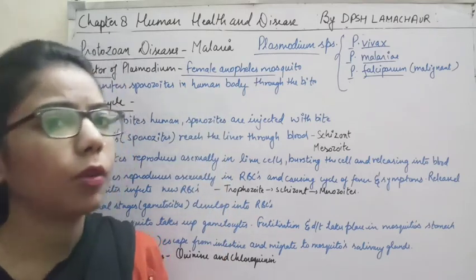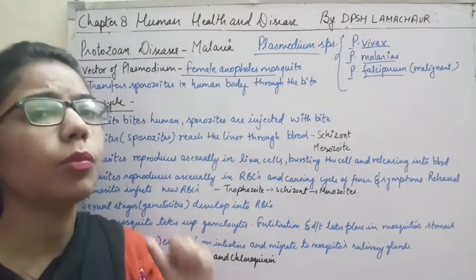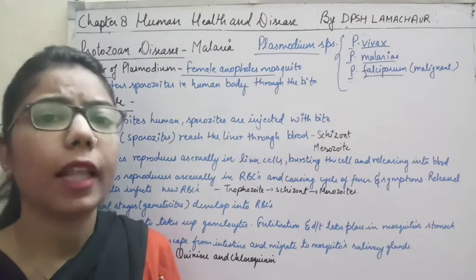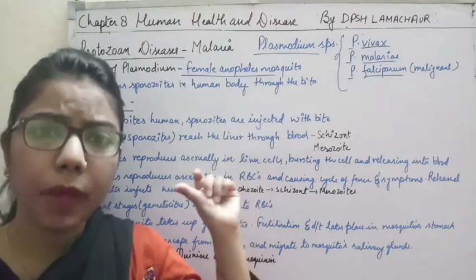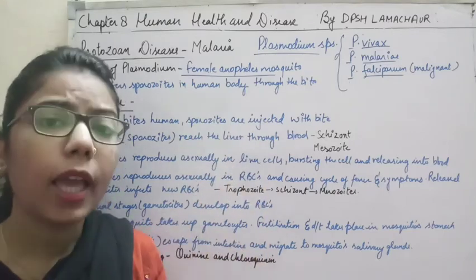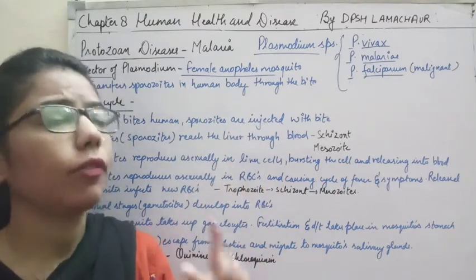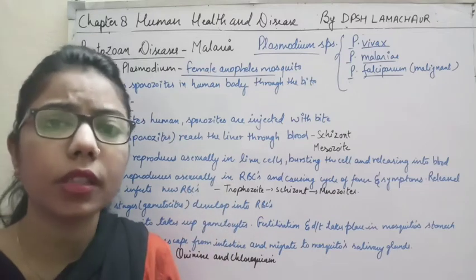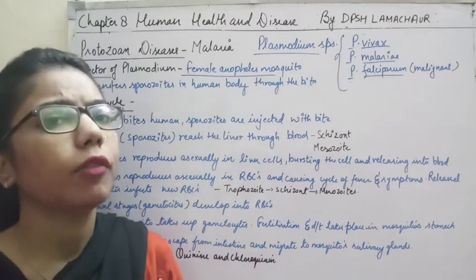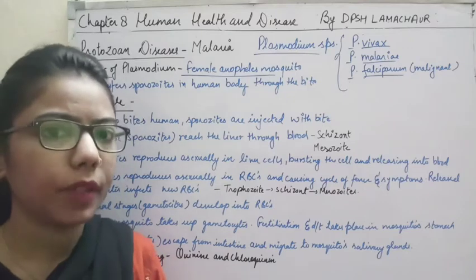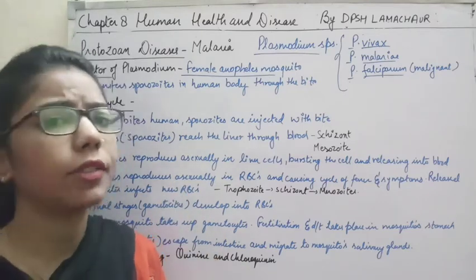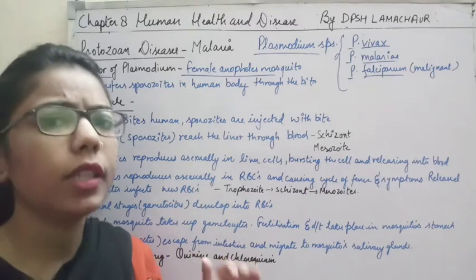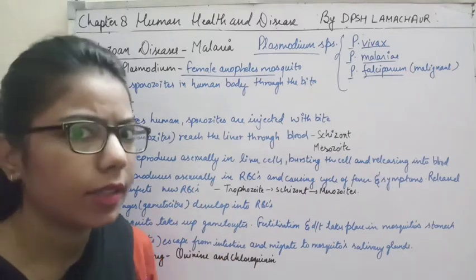The female Anopheles mosquito. When this mosquito bites a healthy person, it brings the parasite in its mouth, and the person gets infected with the malaria parasite, right? How the disease is caused and how the whole life cycle goes on, we will understand step by step.